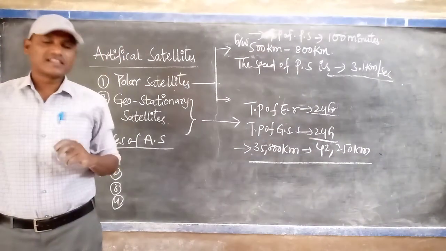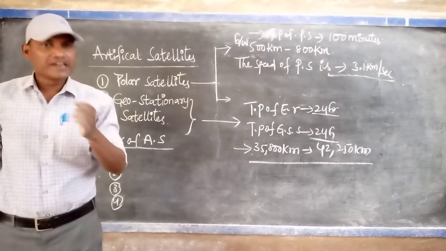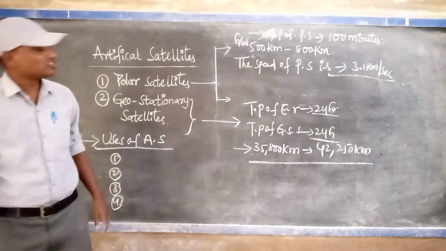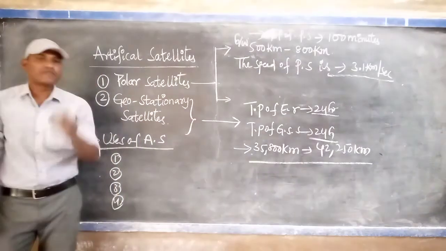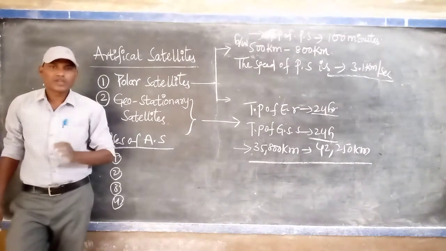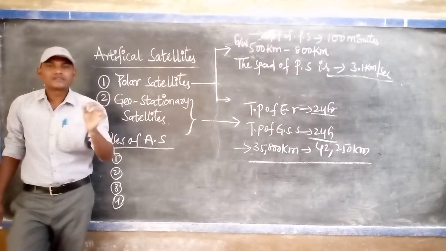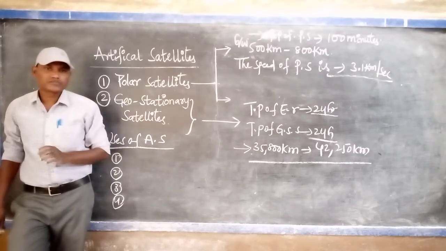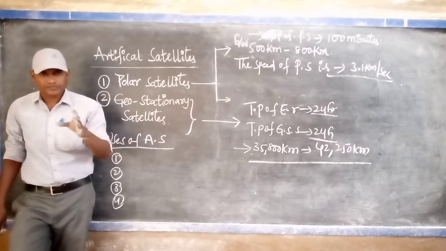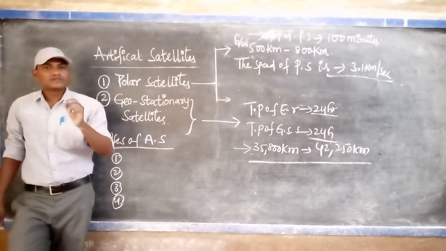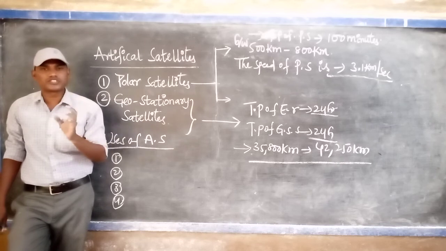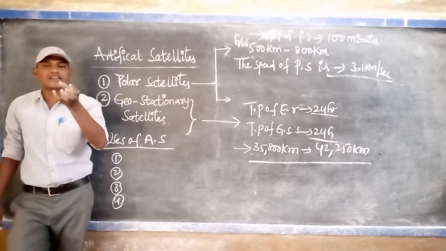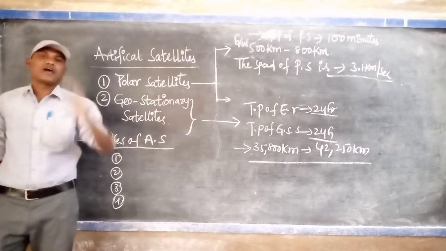In the entire world, only a few satellite launching stations are there, and India has one of them, in Sriharikota, in Nellore district, at Sullurpeta. From the launching station, scientists send the satellite with the help of a rocket to a higher altitude.